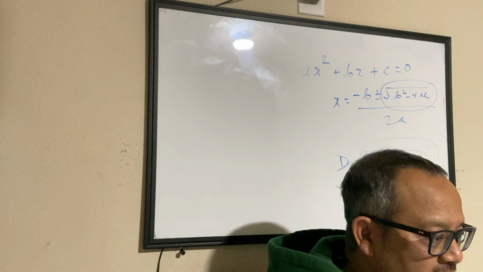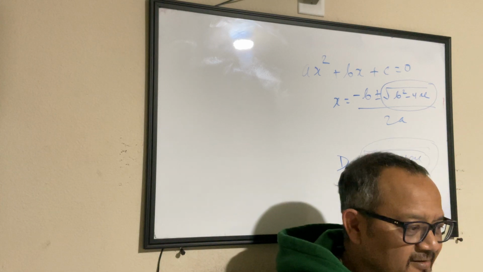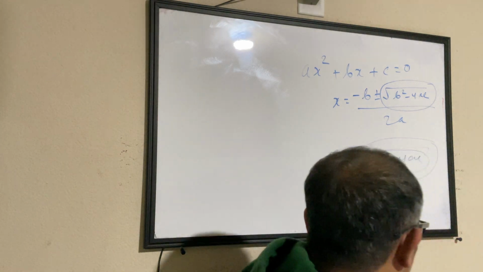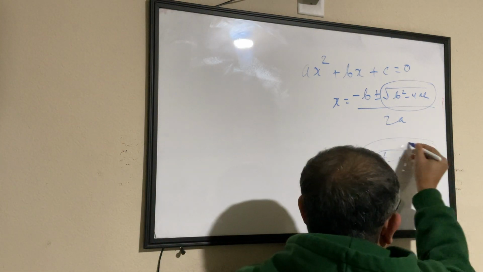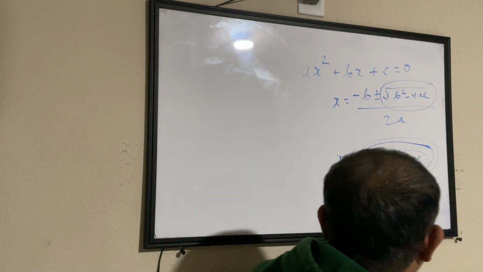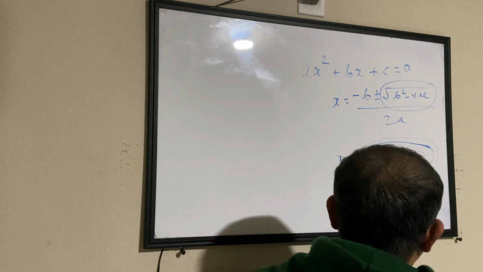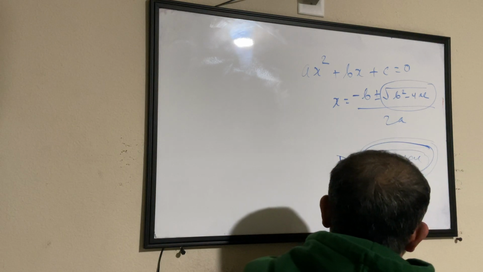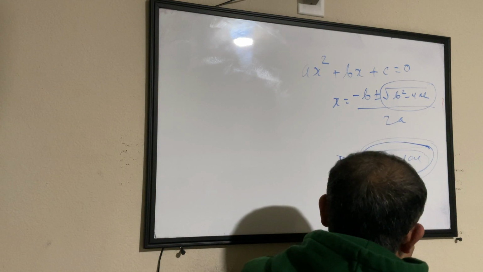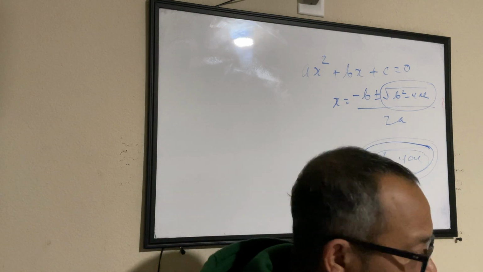You guys remember? So there are three scenarios. One scenario is when this is 0, then you have only one solution. If this value is greater than 0, then you have two solutions. And the third scenario is when the discriminant is giving you a negative square root.